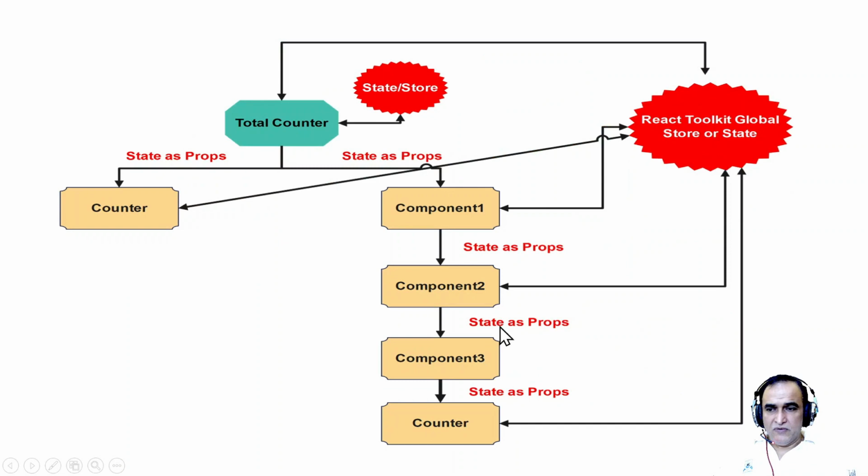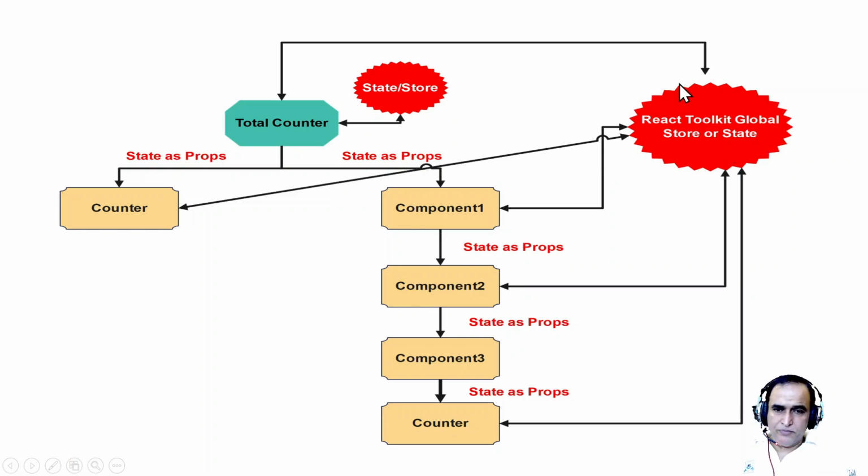You see, we have to change this application according to this. Here you imagine that this counter component has its own state. So in place of one local state, we will create a global state. This React toolkit will create a global store, or a state, that is shared by each and every component.